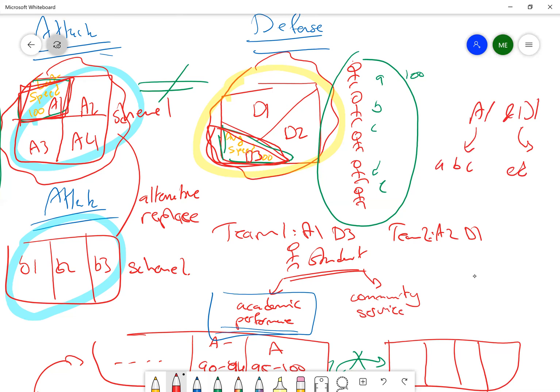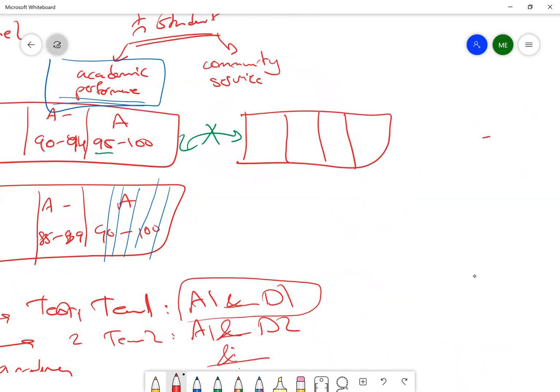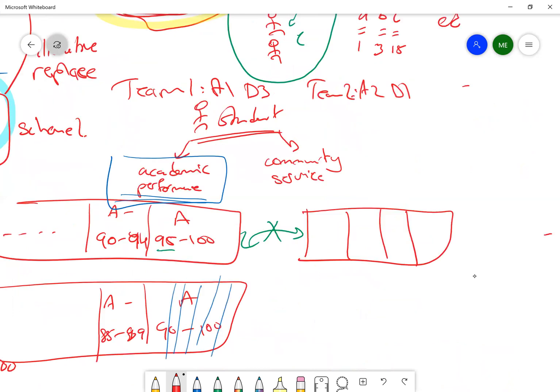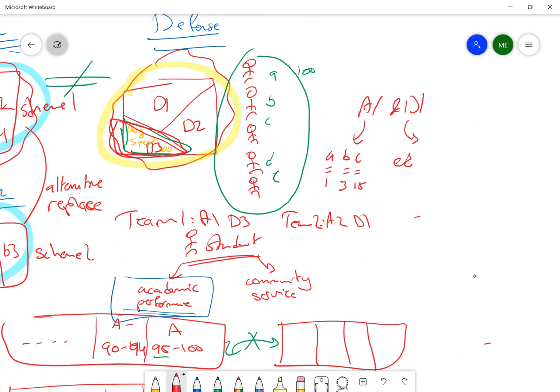This is what it means to actually choose a block. You come here to A and give it a value equal to 1, this is equal to 3, this is equal to 15, E is equal to 10, and D is equal to minus 4, for example. You're actually going to use concrete numbers at the end.